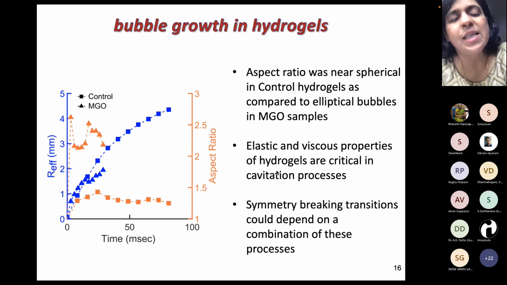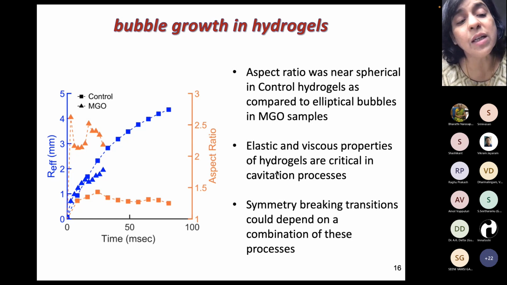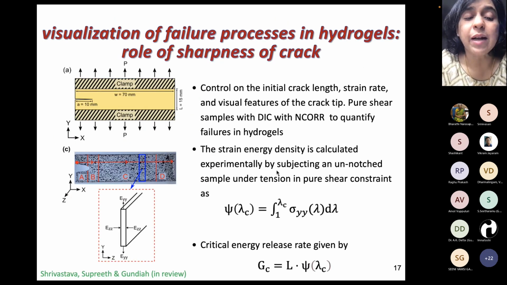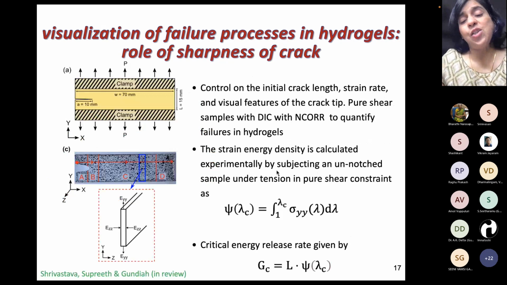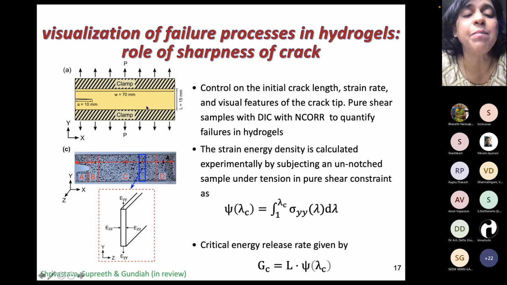But again, the problem is that we are not able to see the processes that happen ahead of the crack tip, which are very critical for us to see how to increase the toughness. So that presented a big challenge, and we decided to next try and understand what happens in the vicinity of the crack tip.